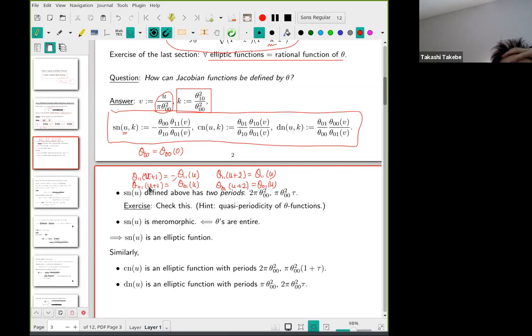So yeah, we'd better use v here. Which means this ratio has a period 2 as a function of v. So as a function of u, we have a period 2 pi times theta 0 squared.